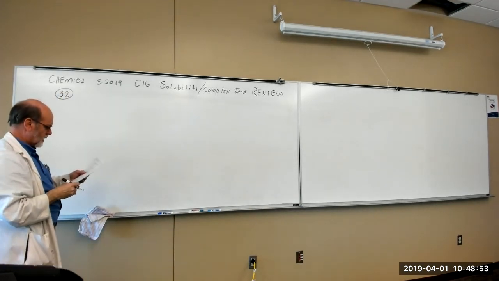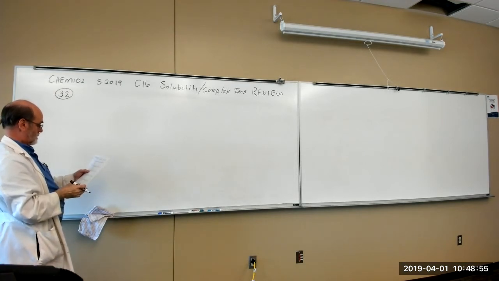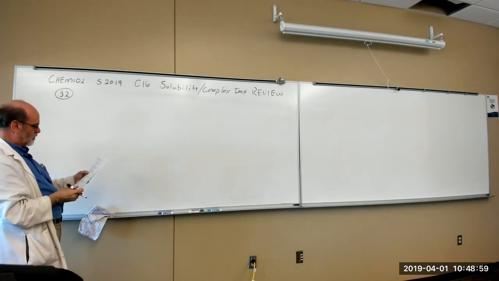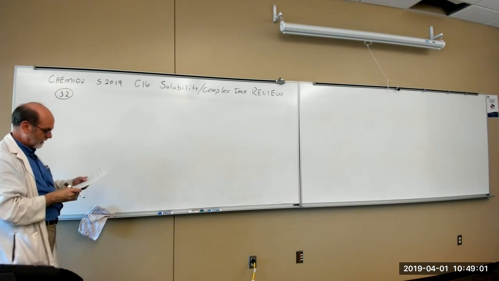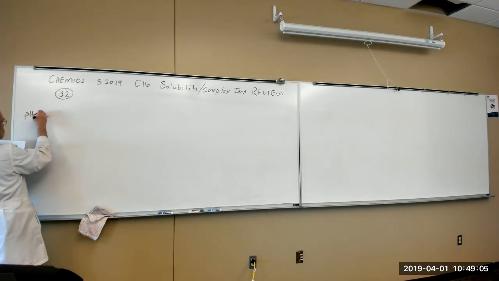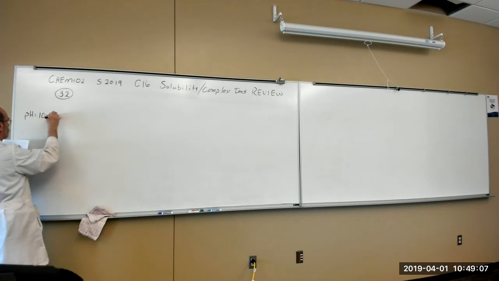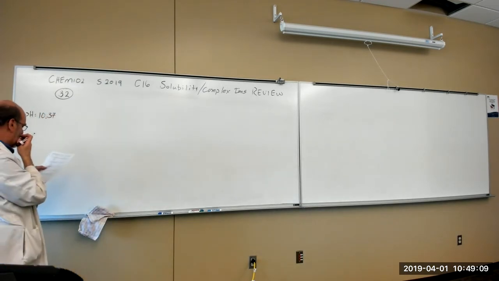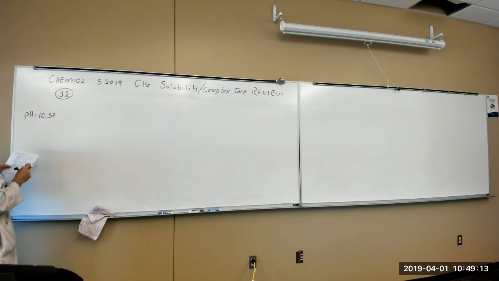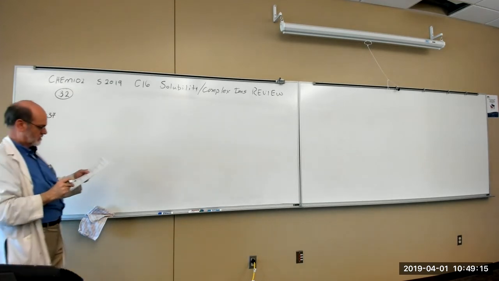How many moles of iron 2 hydroxide will dissolve in 1 liter of water buffered at pH 10.37? Okay, so pH is 10.37. Can you just explain that sentence?